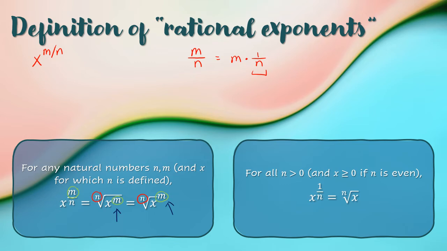So I could rewrite x to the m over n as x to the 1 over n times m, or perhaps x to the 1 over n all to the mth. It's kind of hard to talk about. But that's essentially where this comes from. We're taking our x to the 1 over n and using that first definition, we can turn that into the nth root of x, and then we still have our exponent m hanging out on the outside. So that's a breakdown of where that comes from.